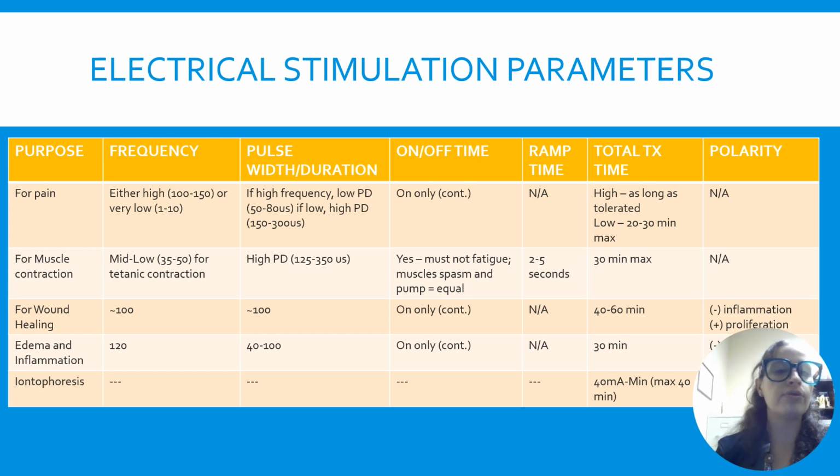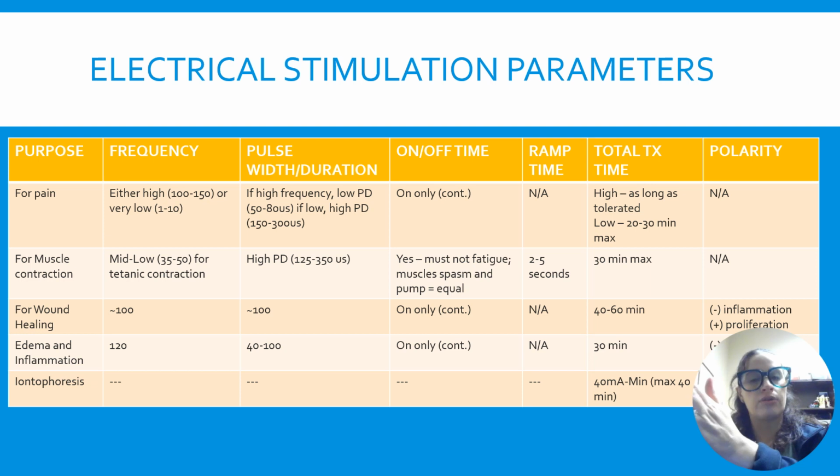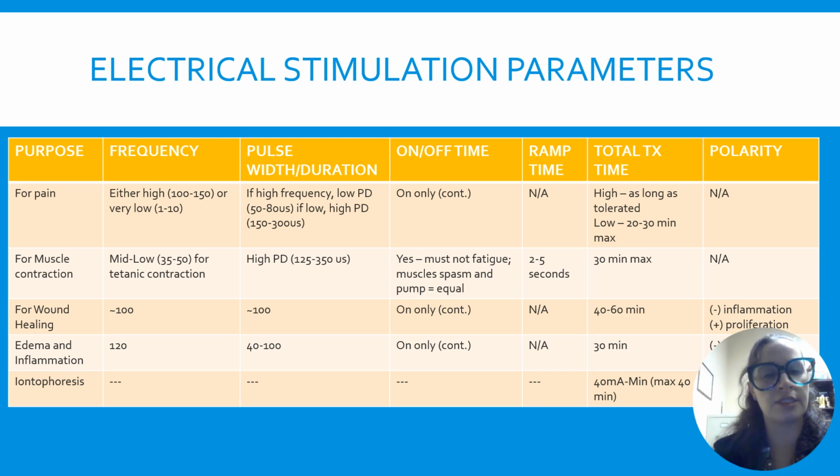So if your frequency is high, then your pulse width is probably going to be a little bit lower. And if your frequency is very low, then your pulse duration is probably going to be higher, in the hundreds, okay? So once you've got one down, you should know that it correlates to the other one in almost the opposite way. And that is true for the next one, which is ESTIM as well.